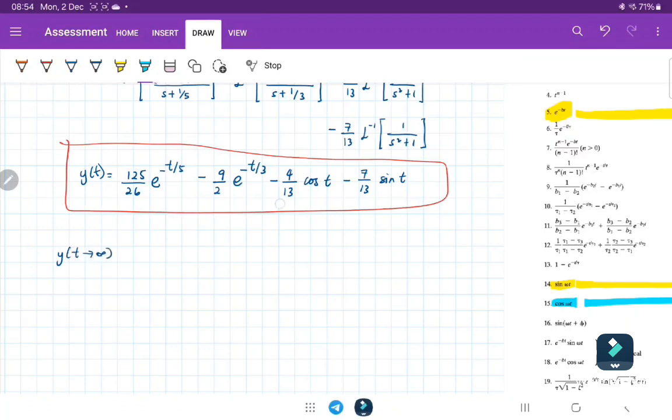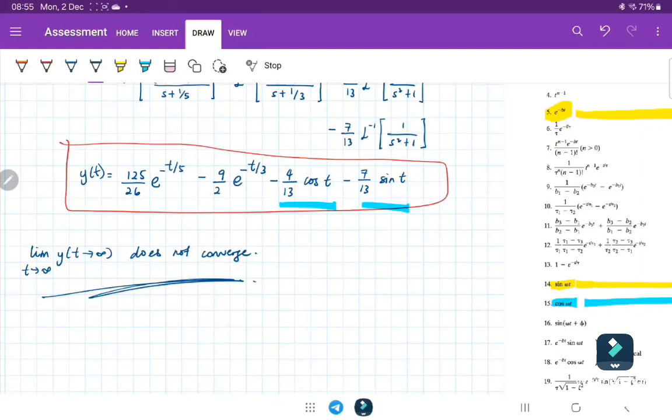I hope you notice that you have a cosine and sine term in your y of t, so this gives an indication that you have an oscillation, and this oscillation basically does not converge. So what we are saying is that the limit of y of t as t goes to infinity does not exist, basically our function does not converge due to the cosine and sine term. Okay, all right, that's it.